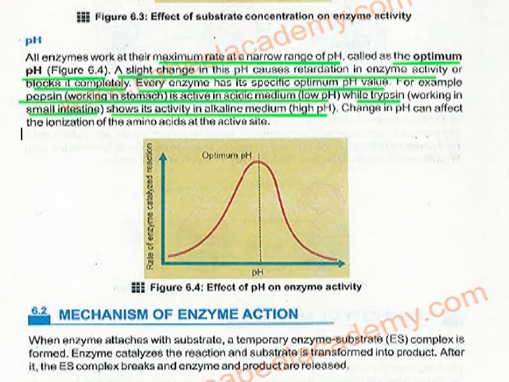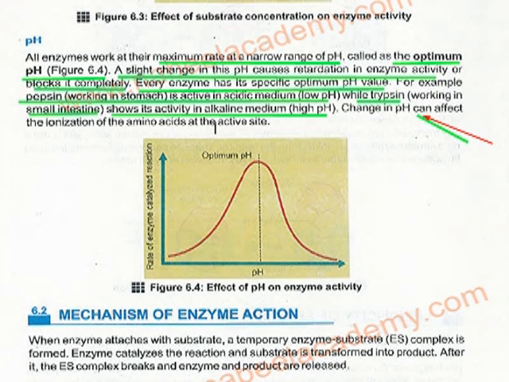Change in pH can affect the ionization of the amino acids at the active site. Now this is the reason which causes the retardation of enzyme. Why? Because, as I have explained, the enzymes are made up of amino acids, and the ionization of amino acids results in the retardation of the enzyme activity.